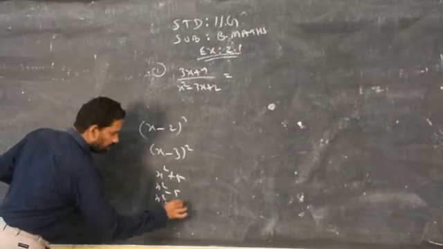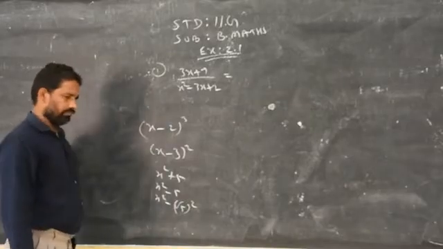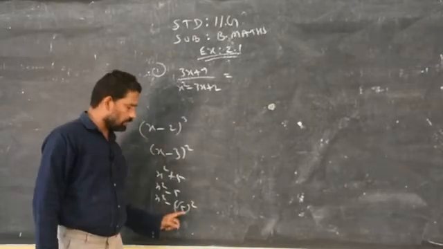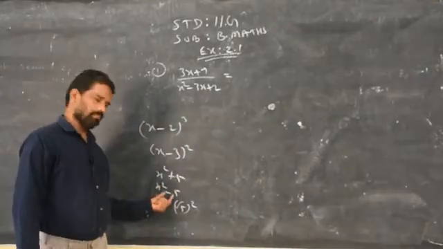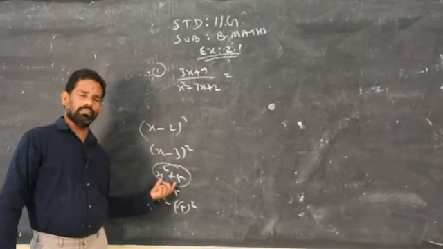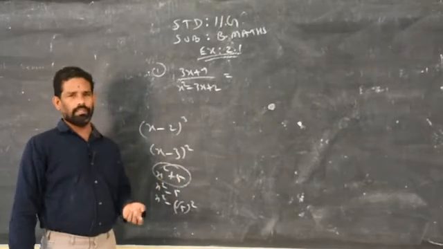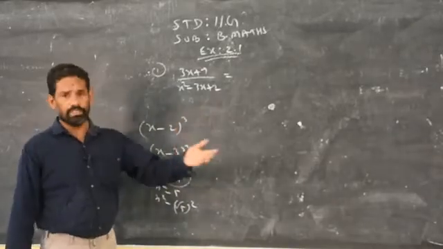Now this is in the form of a square minus b square. So I am able to factorize. But x square plus 5 is not possible, because there is no identity for this format. So this is called non-factorizable, for which we have another technique.